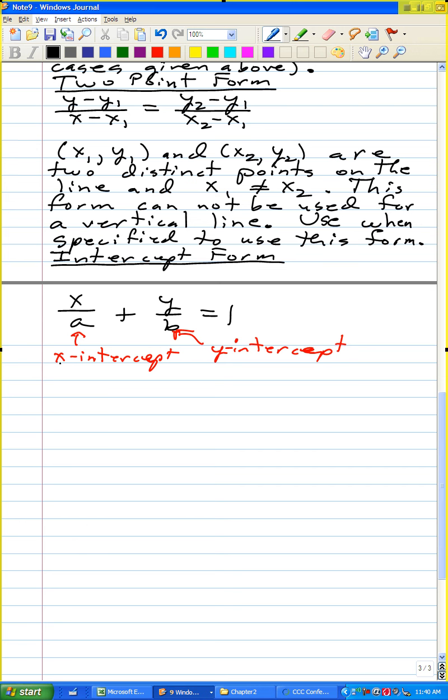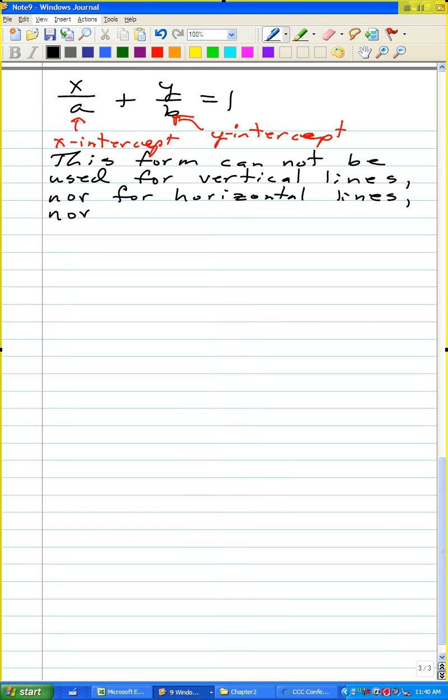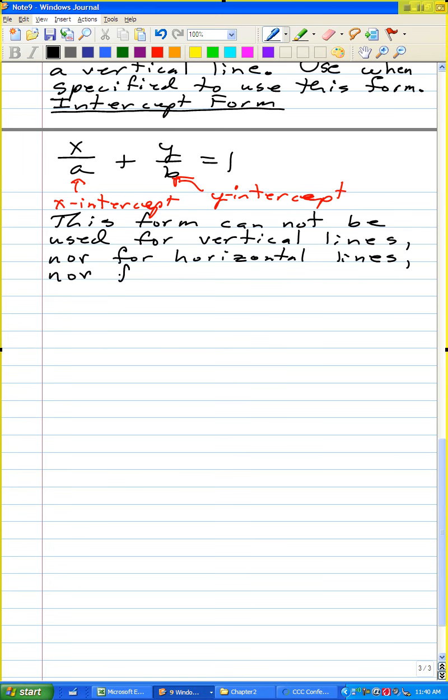And so this form cannot be used for vertical lines, nor for horizontal lines, nor for lines passing through the origin.